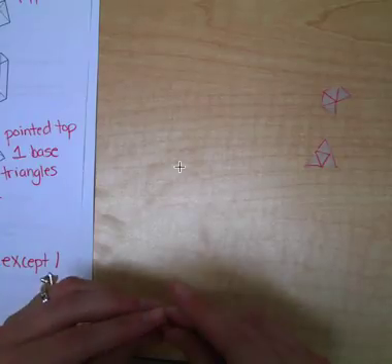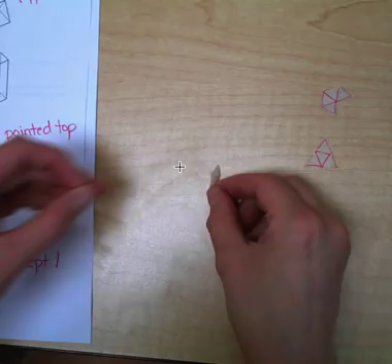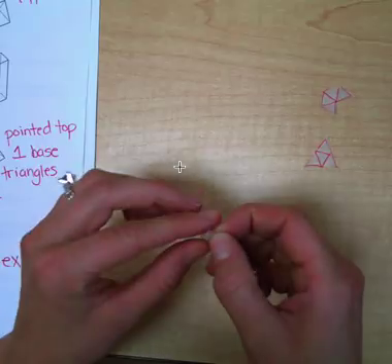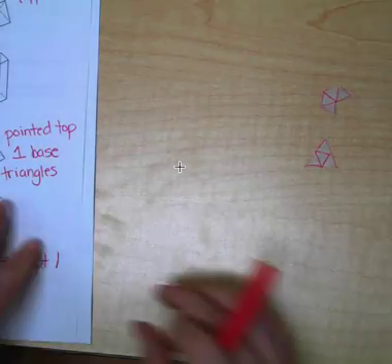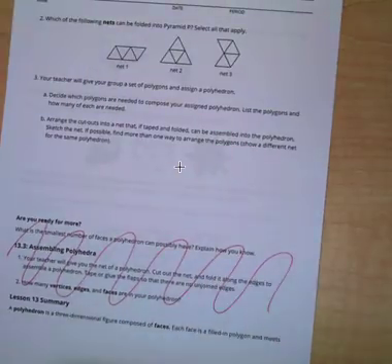And if we fold them all, it's kind of hard to see, but this first one, net 1, should fold into a pyramid that looks like P. And if you can't get it to fold perfectly, it's not the end of the world. We're going to practice these more tomorrow.